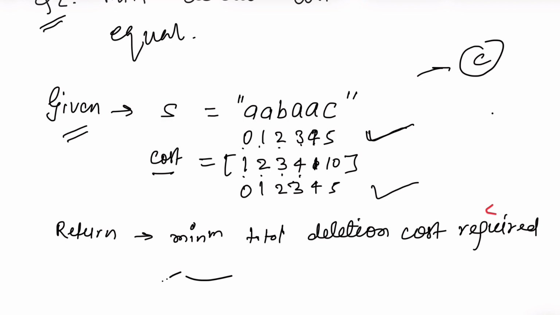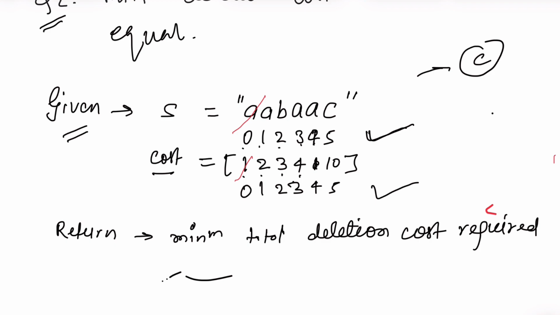Let's suppose we have given this example. How are we going to do that? Let me take a different color. The first cost we have given is 1, and with this cost I am able to delete this one.